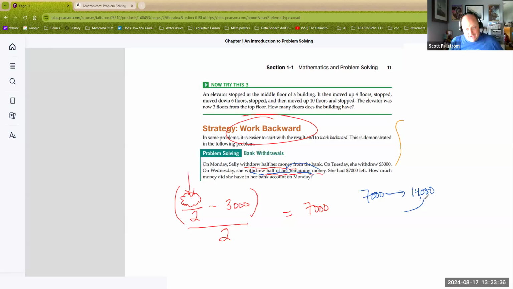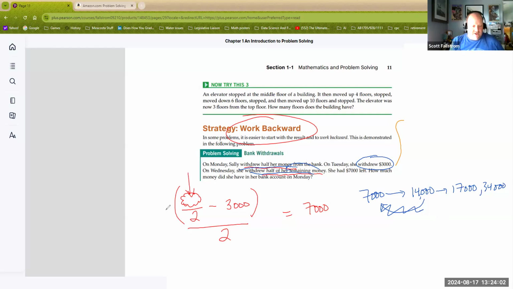Because if she took out half going this direction, she'd end with seven. So we're going this direction. So she took out half, 14,000. Then she withdrew 3,000. Okay, so what's the going backwards of withdrawing your money? It's to put money in. Now she's at 17,000. And then it says she withdrew half her money. So at the end of the day, we get 34,000.